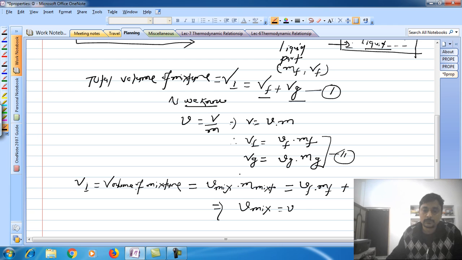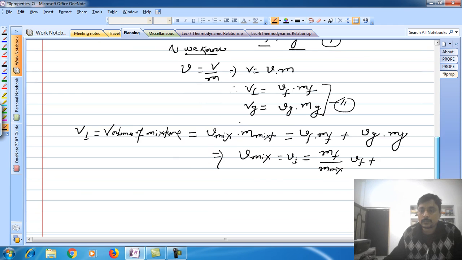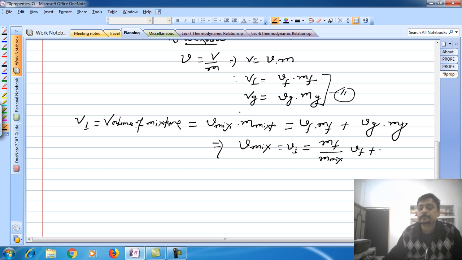Of course, this is the specific volume at point 1. This is equal to the mass of liquid by the mass of mixture into the specific volume of liquid, plus the mass of vapor divided by the mass of mixture into the specific volume of vapor.